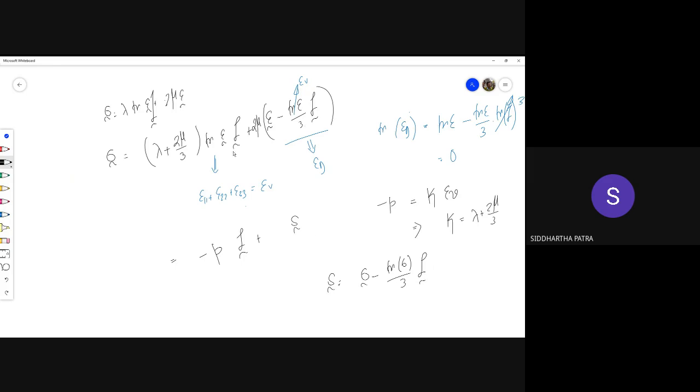By the way, the volumetric part and the deviatoric part are mutually exclusive. It's like taking a vector and taking its normal component and tangential component. So one component is normal to a given plane and the other component is tangential to that plane.